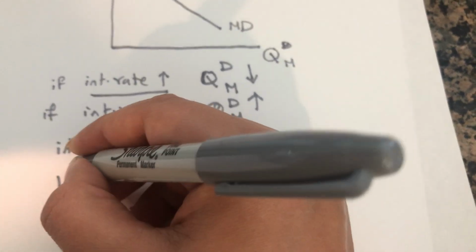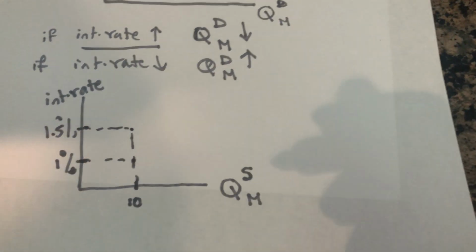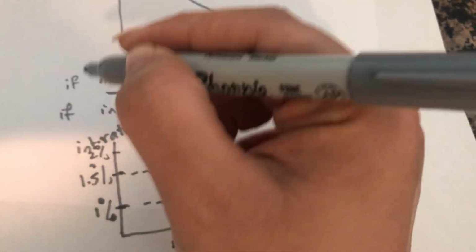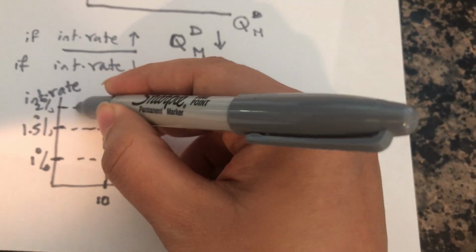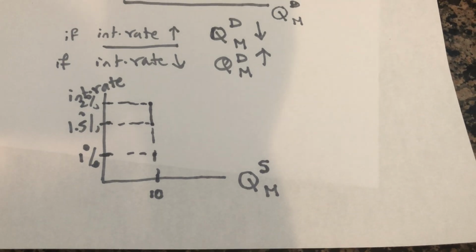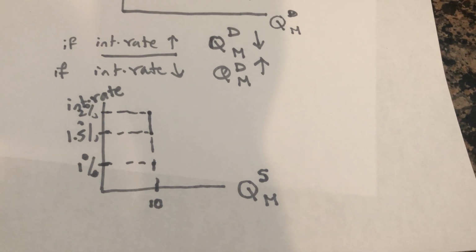If the interest rate is 1.5%, the quantity of money supplied is still 10 trillion dollars. If the interest rate goes up to 2%, this quantity is still the same. The quantity doesn't change because the Federal Reserve keeps track of this amount of money supplied in the money market.